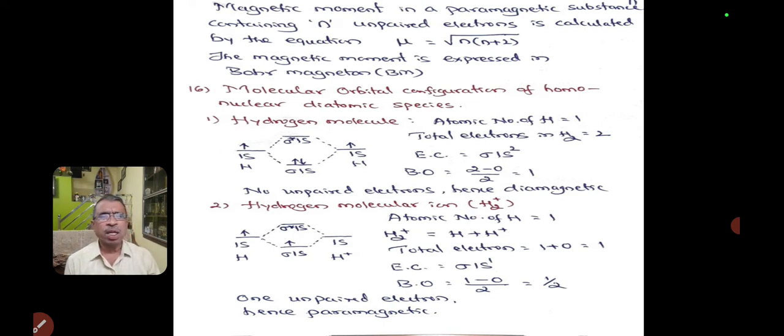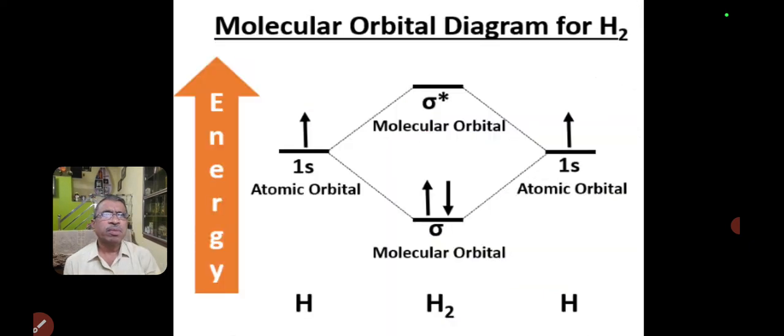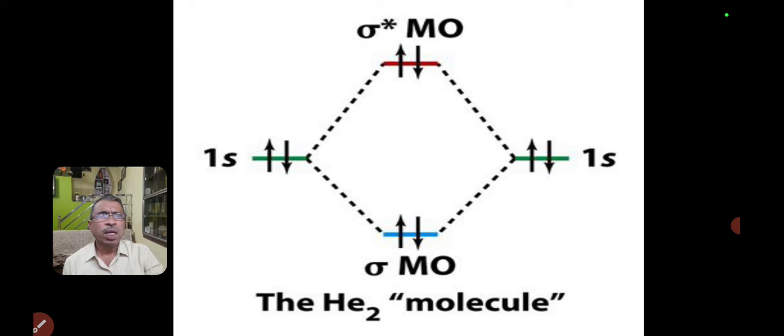The bond order becomes half, and this shows that there is one unpaired electron, so the hydrogen molecular ion is paramagnetic. So here I have shown the structure of the hydrogen molecule. Now this is the molecular orbital structure of the helium molecule.